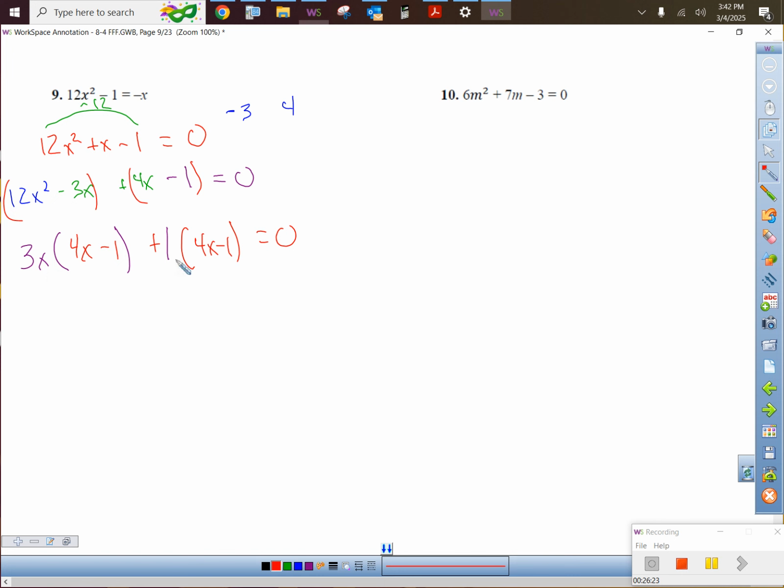In the second group, it already was 4x minus 1, so I have a 1 left over for a GCF. Then regroup. Those purple guys become a group of their own, and the common group comes down for the ride. Then use the zero product property to solve. The opposite of this guy over that guy would be negative 1/3, and the opposite of this guy over that guy would be positive 1/4. So let's do one more, man.